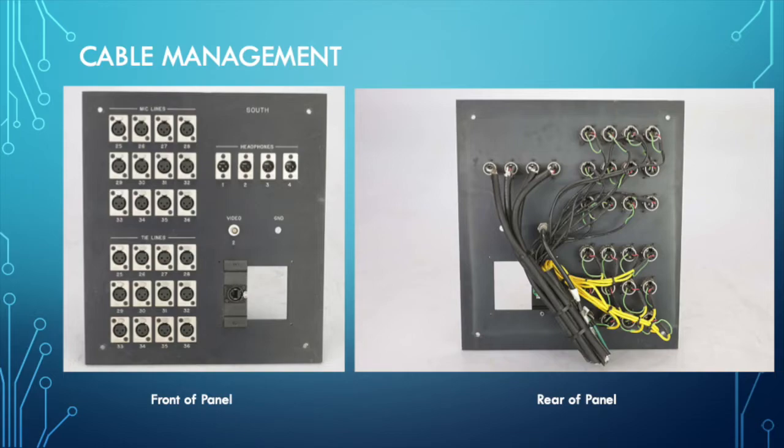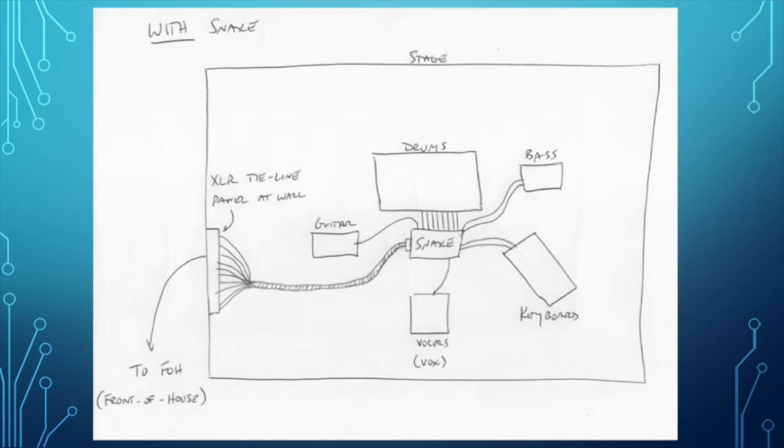And then you can see on the rear of the panel, from that wall panel, there are cables physically going behind the wall and usually under the floor, all the way back to our front of house mixer. And here's just a couple little sketches I made of how much cleaner it can be on stage when you're utilizing one of these snakes.